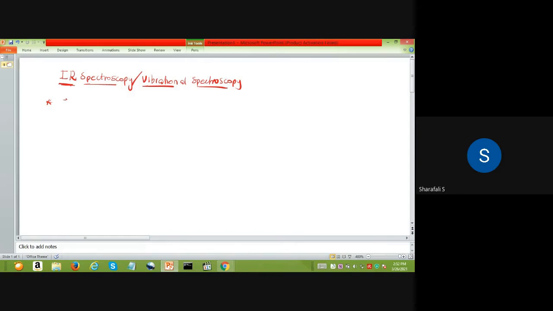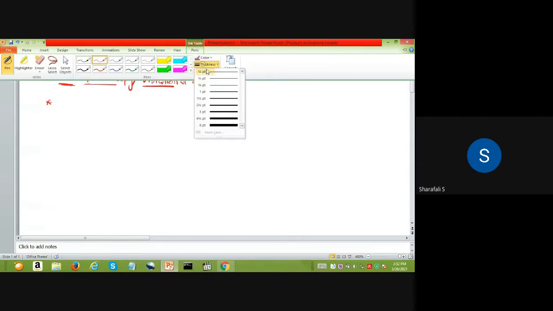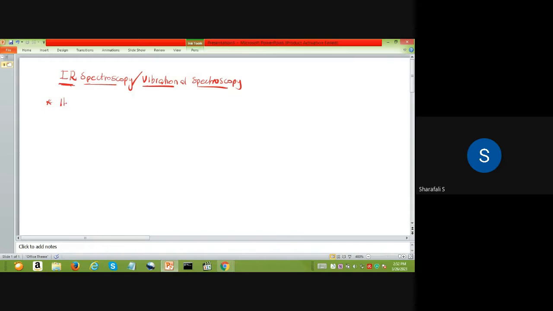In the case of vibrational spectroscopy or IR spectroscopy, this can be found in the near infrared region, that is the 1 micro to 100 micro range. So this is the region where we use IR spectroscopy.